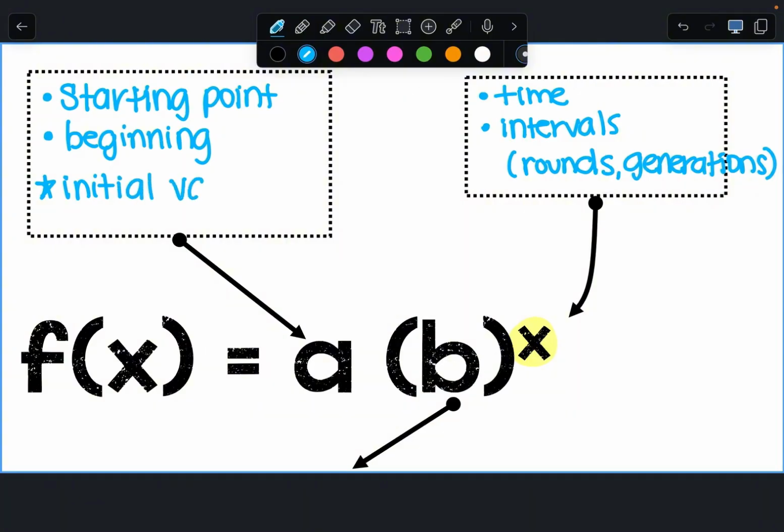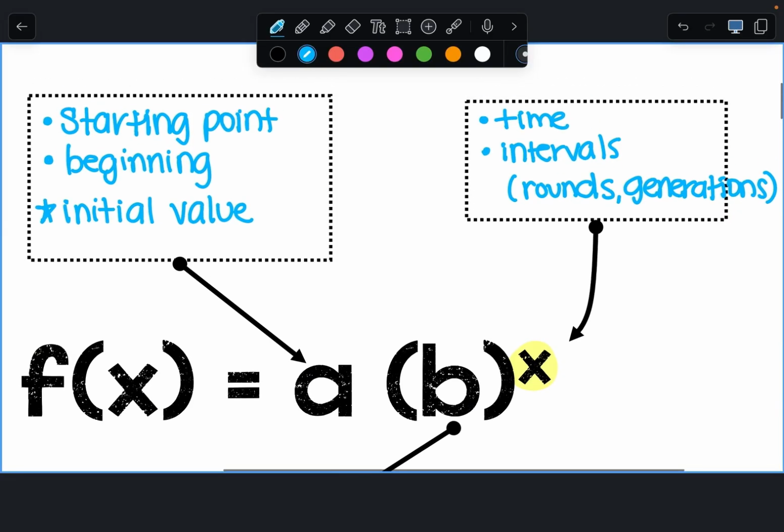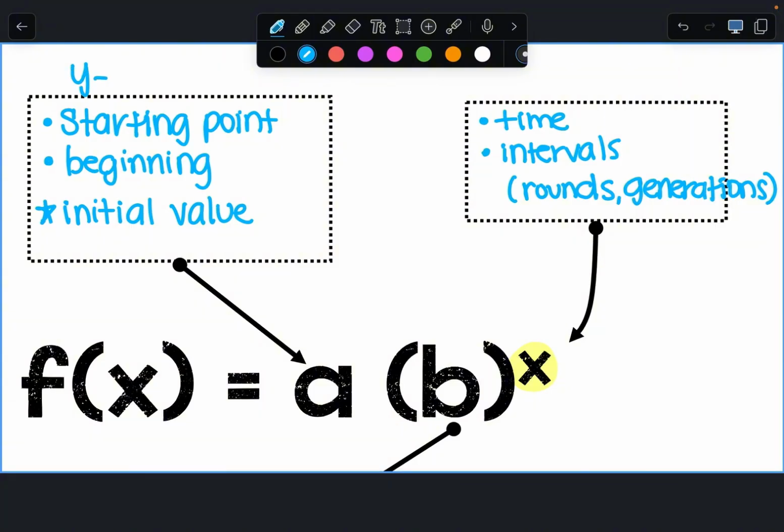All of these words describe what on a graph? The y-intercept. Now, I put a star next to initial value because using the words initial value is very, very popular in this unit. Okay?